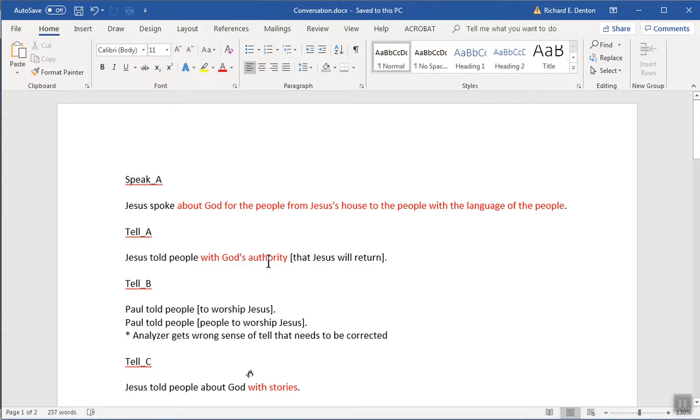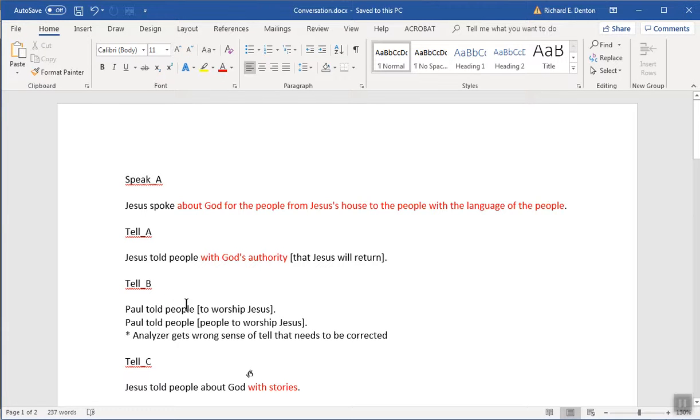With God's authority would be an instrument argument. Okay, so the basic idea of that is that you're telling someone a proposition, but it's indirect. It's not a quote. This is an indirect speech that's telling you what's said.